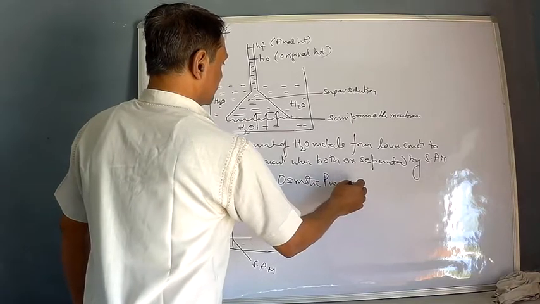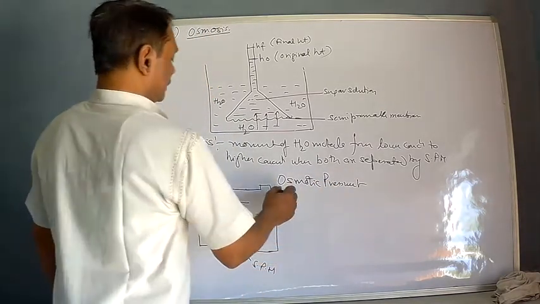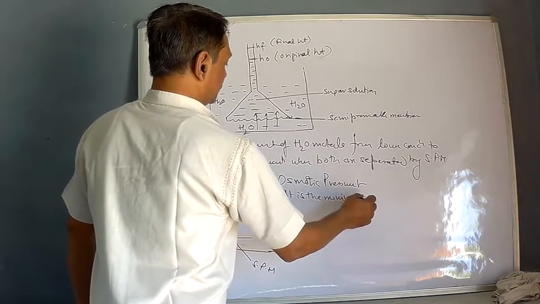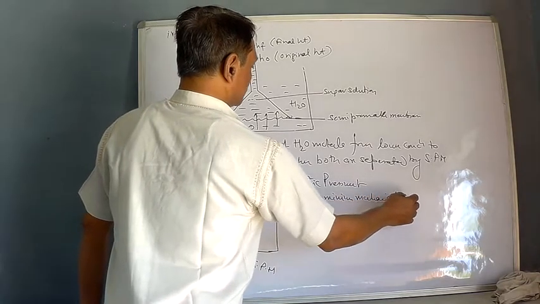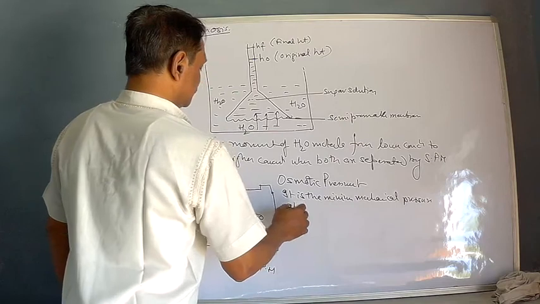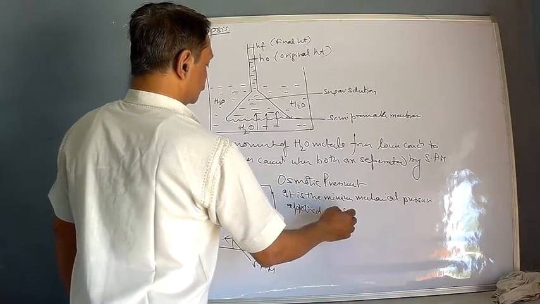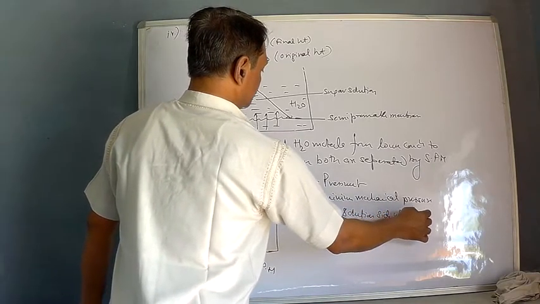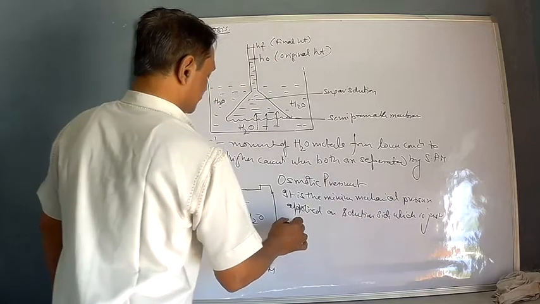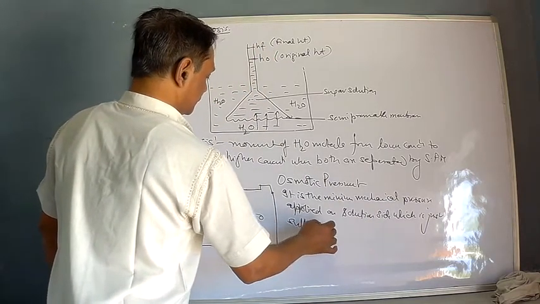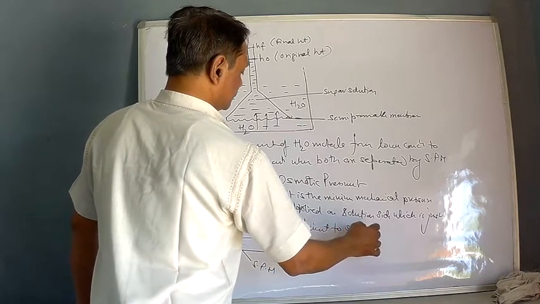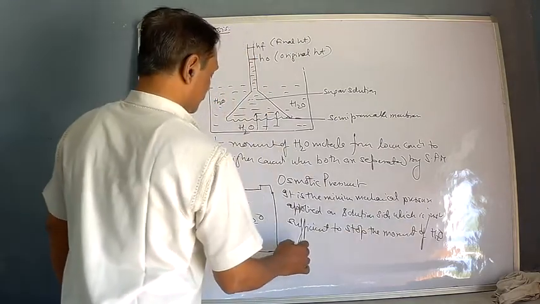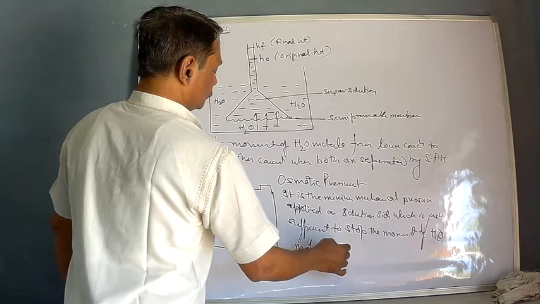So, how can we define it? It is the minimum mechanical pressure applied on solution side, which is just sufficient to stop the movement of water molecule due to osmosis.